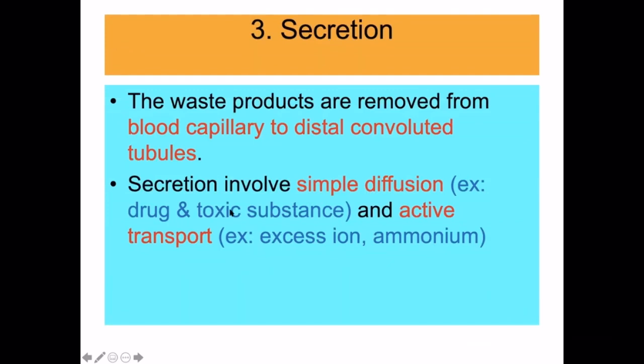If someone takes drugs, the drug will be secreted to the distal convoluted tubule. But if there is an ion or ammonium, it will be taken from the blood capillary to the distal convoluted tubule by active transport. And after that what's left is just urine.